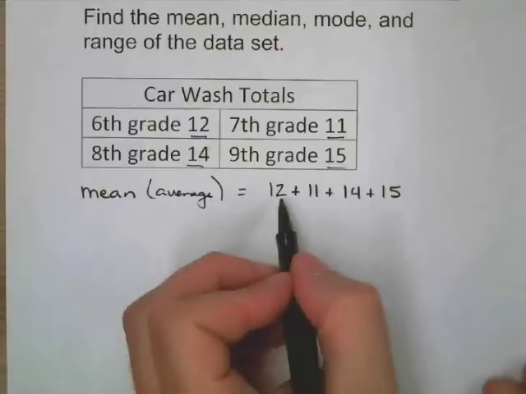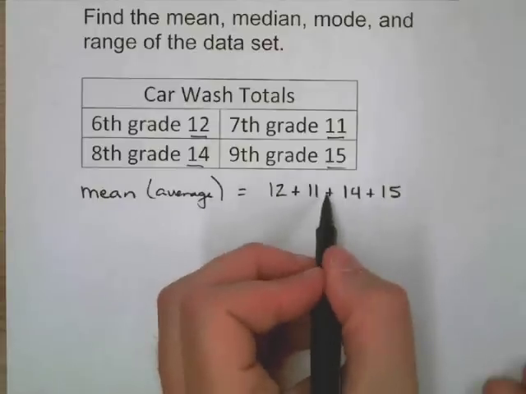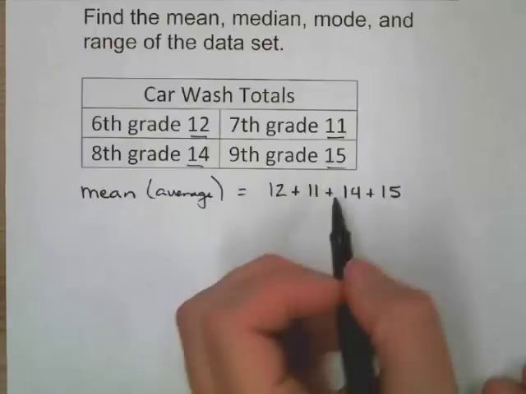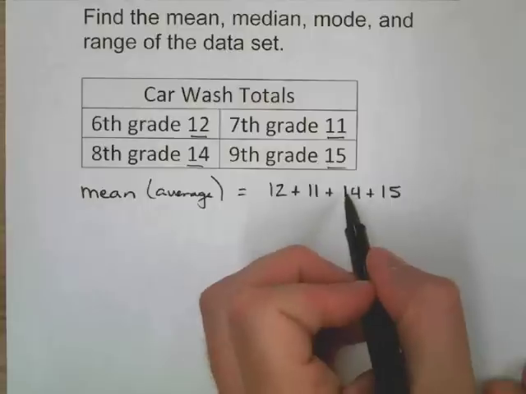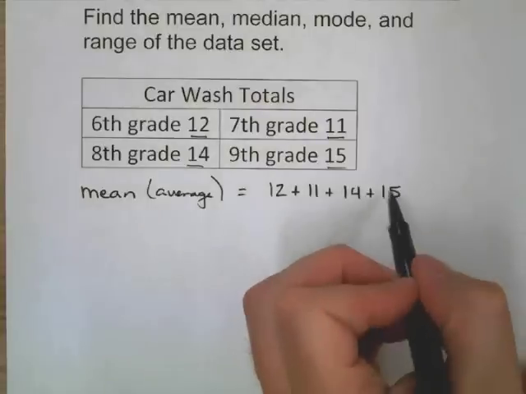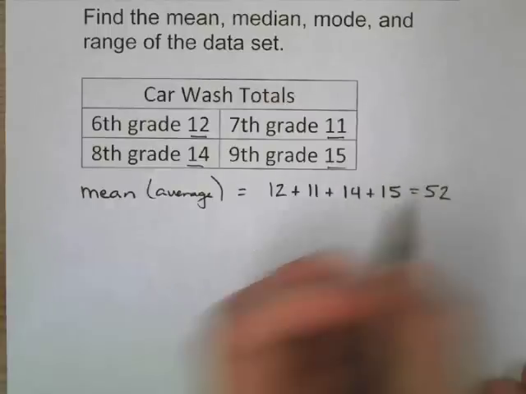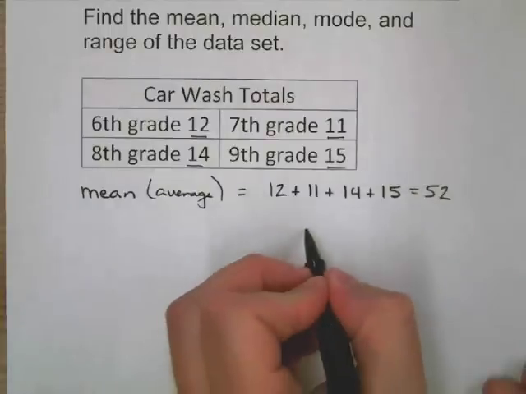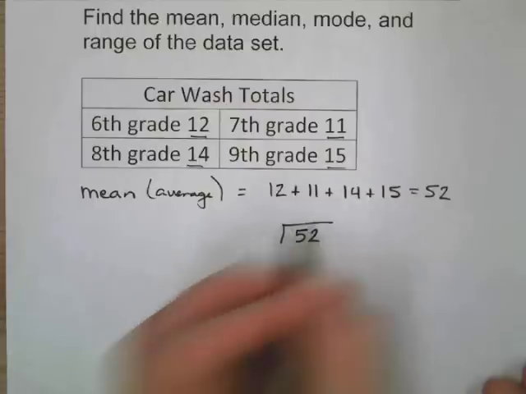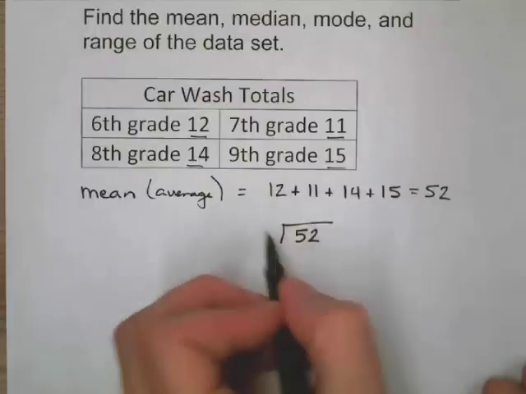And when I add all those together, I have 23 and 37 and 52. And I'm going to divide that sum by the number of items, 1, 2, 3, and 4.